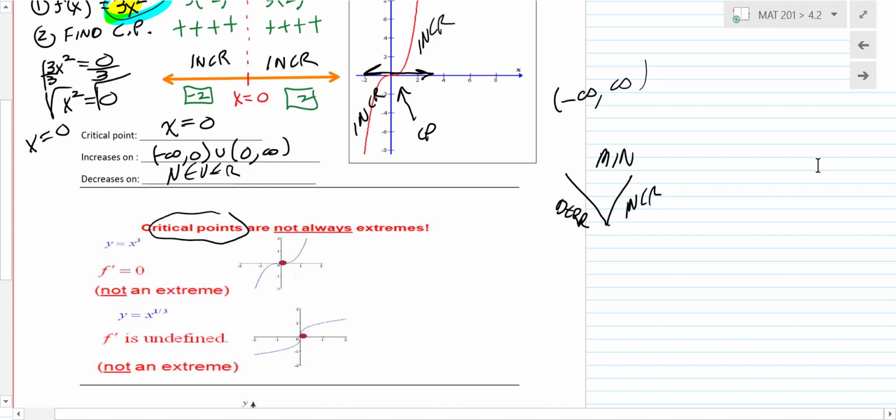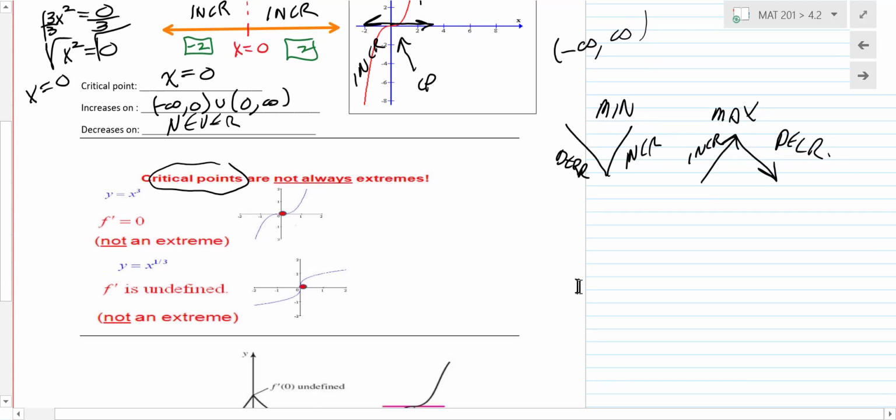So the sign chart is going to have to change signs in order to have some sort of extrema. If you had a maximum, then the graph would have to increase, then change directions and decrease like that. So just because you have a critical point, that doesn't mean you have a max or min. Does that make sense? That's pretty important.